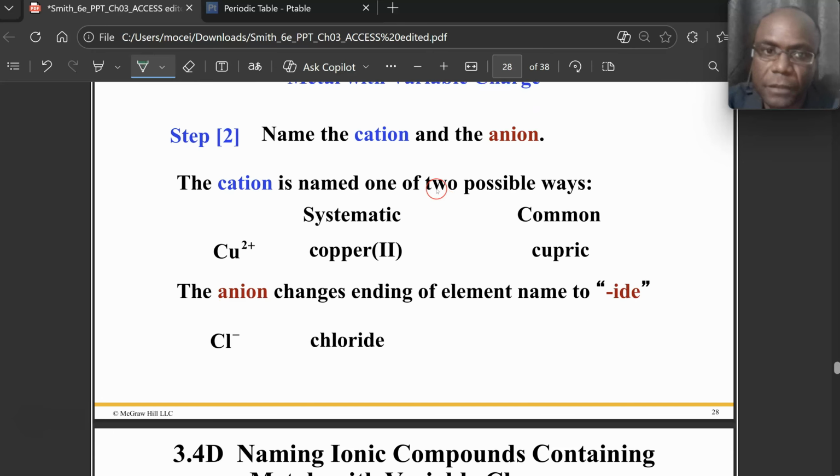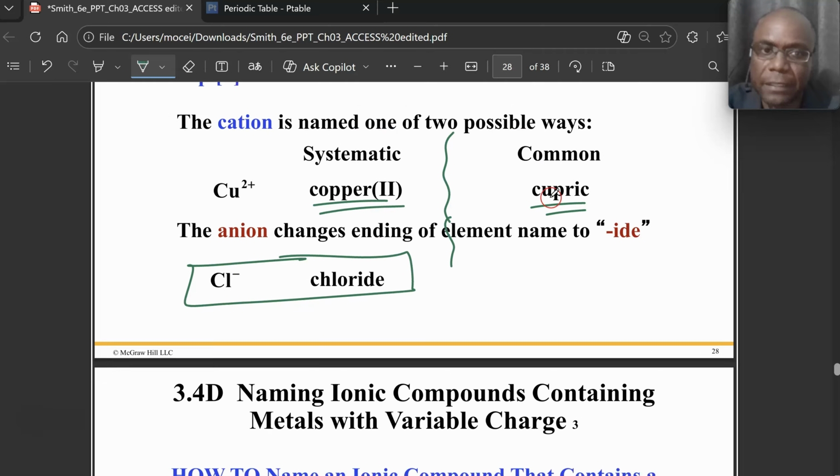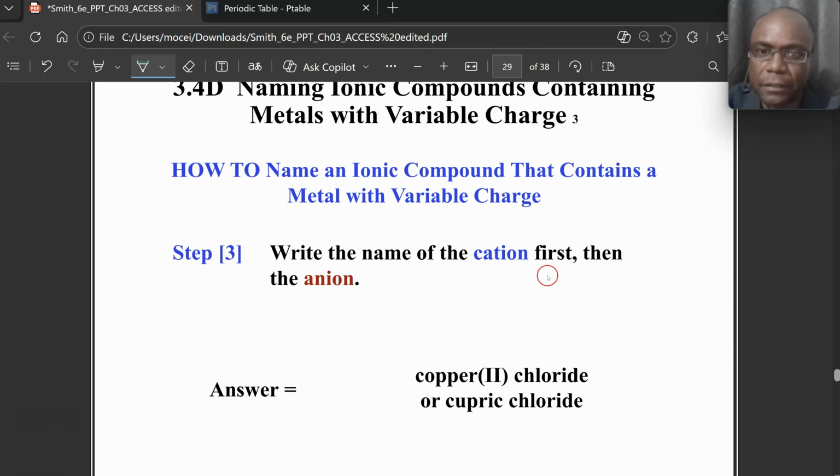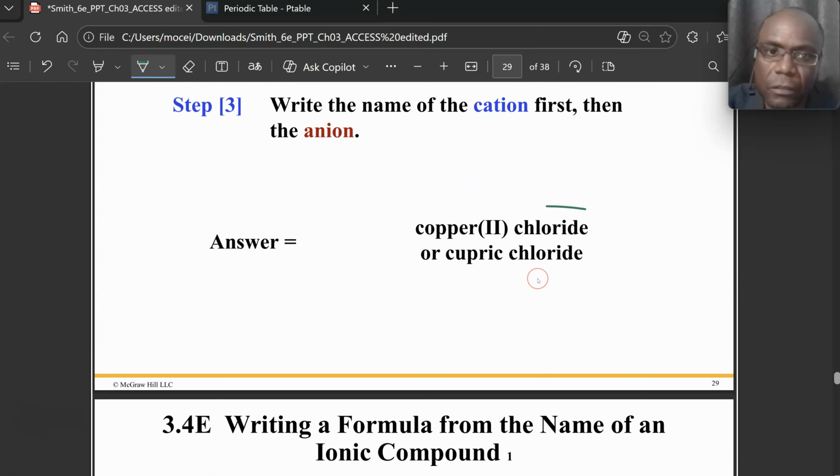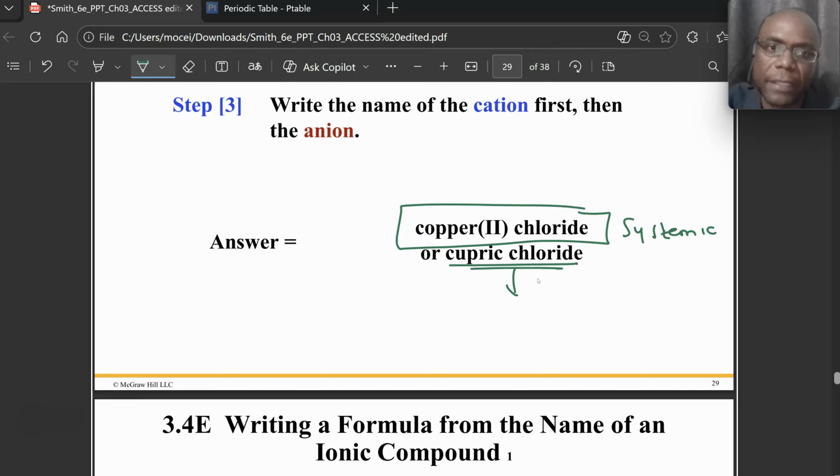The systematic name will go copper 2, the common name will go cupric, and the anion is just the chloride, which is why we put the name together and call it copper 2 chloride for the systematic process of naming, and then we call it cupric chloride if you're going with common naming. It depends which naming you are asked in the question. The question is always specific.